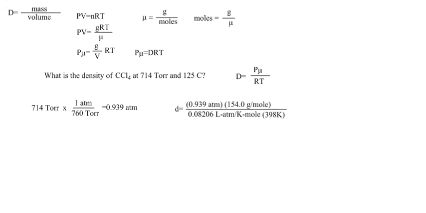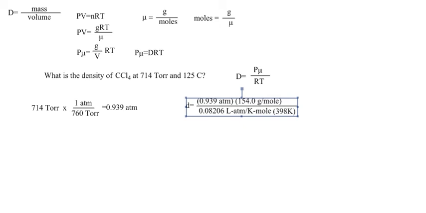We substitute into our density equation, and I notice again I used the small d, so I'll change that to large D. And 0.939 atmospheres times 154.0 grams per mole divided by the ideal gas constant and the temperature in Kelvin. And when we solve that, we find that the density comes out to be 4.43 grams per liter.